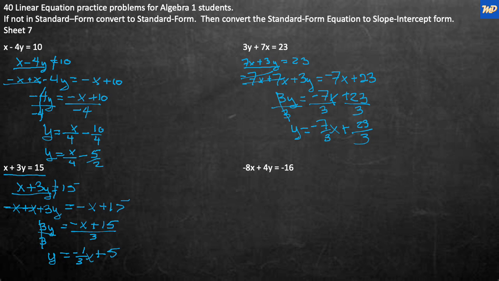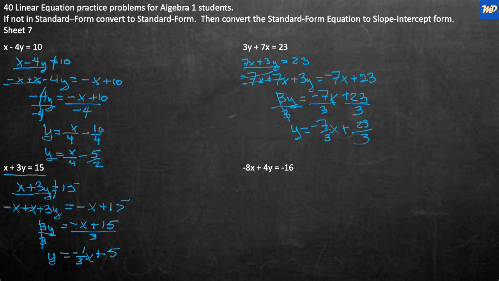Okay, next equation, negative 8x plus 4y equals negative 16. To get it into standard form, we need to get rid of the negative in front of that x.